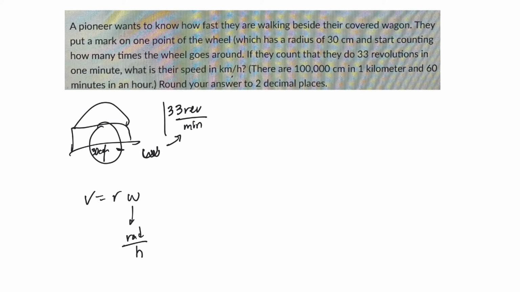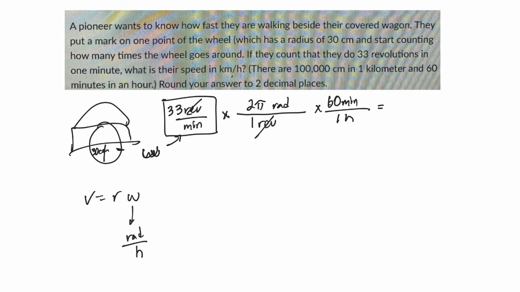Let's multiply by units of conversion so I can get into hours and into radians. Let's do the radians first. One revolution is equal to 2 pi radians, so now I've got radians per minute. To get radians per hour, there are 60 minutes in 1 hour.